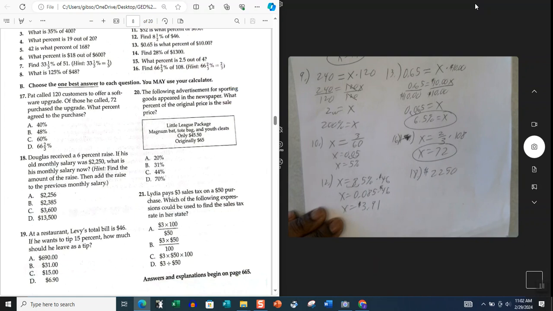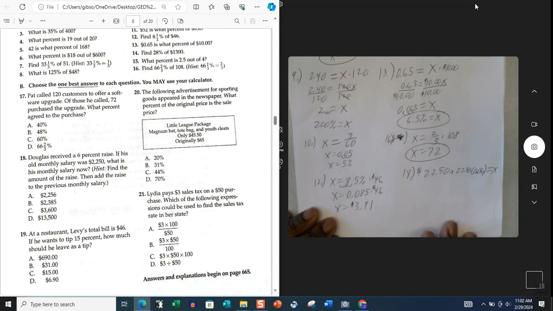Now we want to add his raise to the $2,250. So you would add $2,250 times 0.06, because you want his current salary plus 6% of his current salary. And that would equal some unknown value.